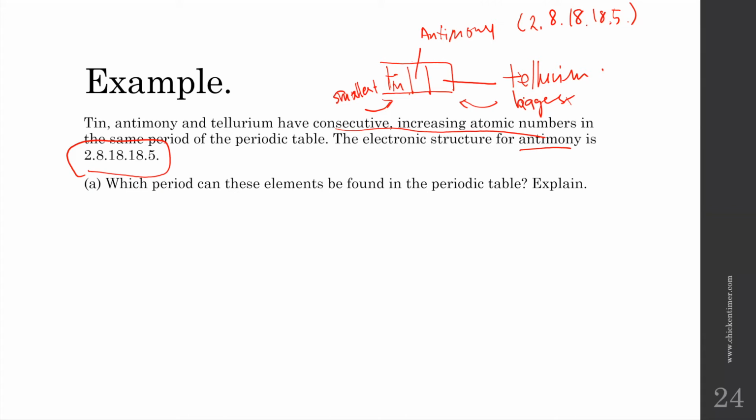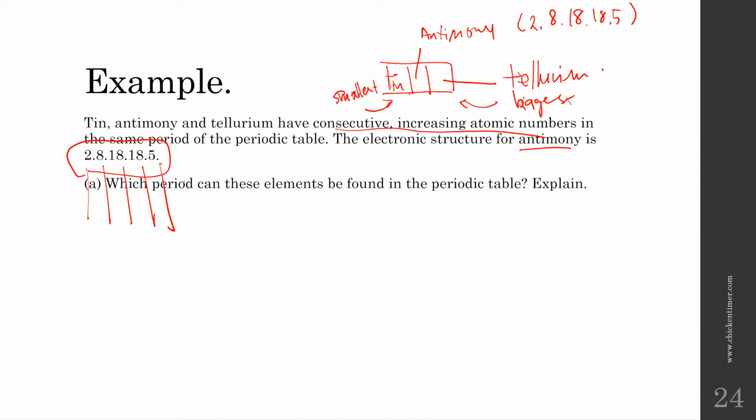They never ask you which part of the periodic table it is. Period 6? 1, 2, 3, 4, 5. So it's 5. Then they ask you for the reason why. Then you just tell them because there are 5 shells. In the periodic table, let me see where it is.